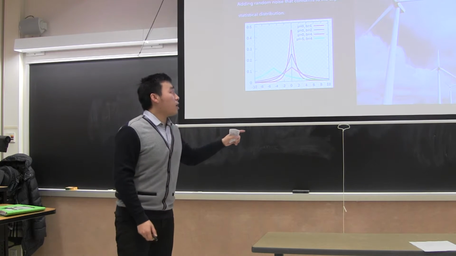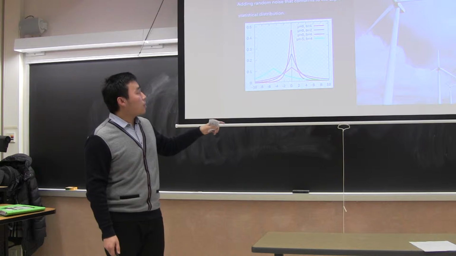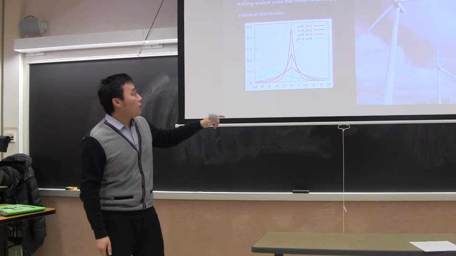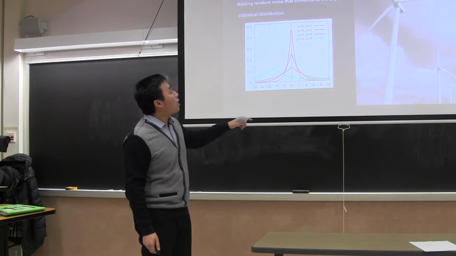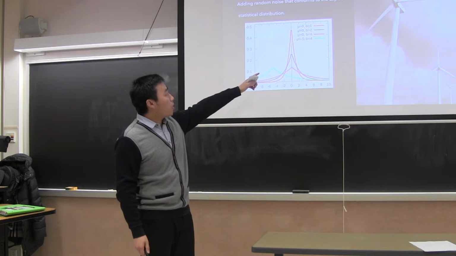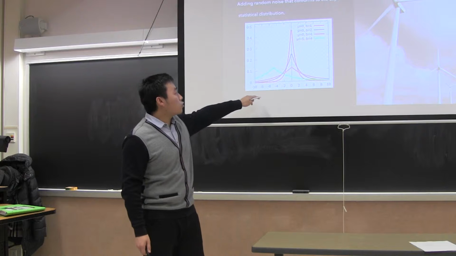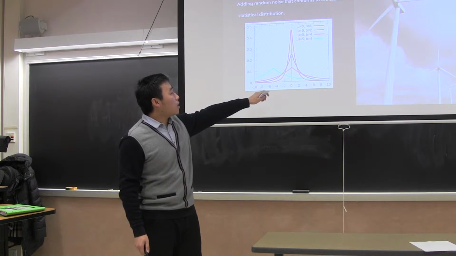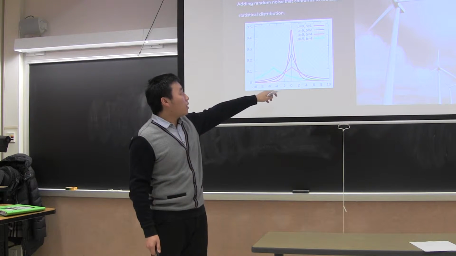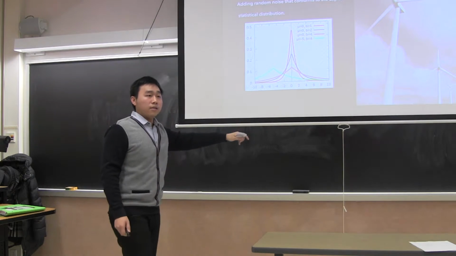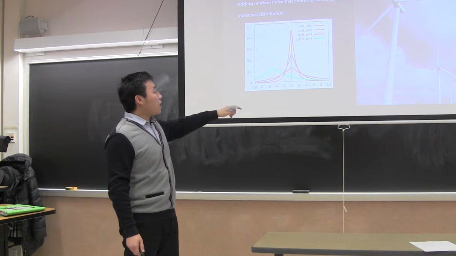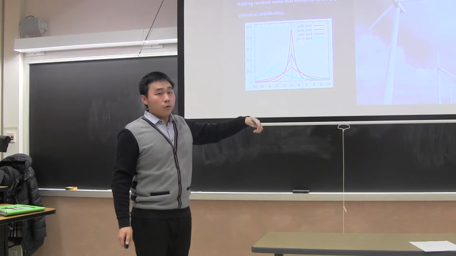So here is the chart for the Laplace distribution. We can see two parameters are important. First is the parameter mu. It decides where the distribution is located. Another parameter is b, called the scale parameter, and it decides the shape of the distribution.